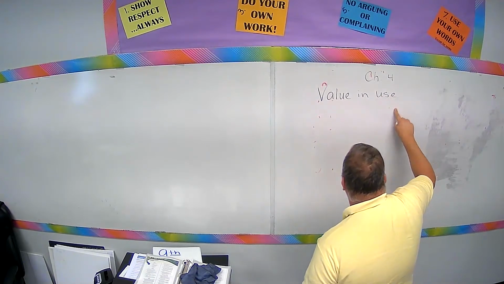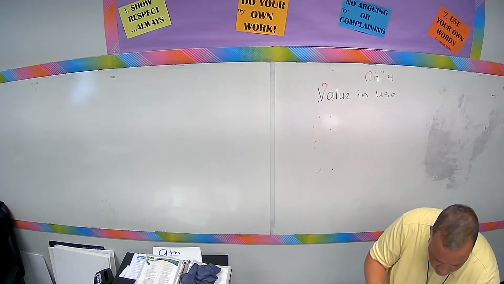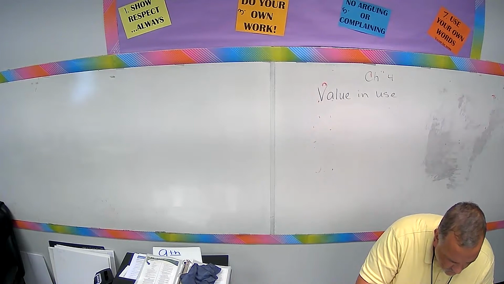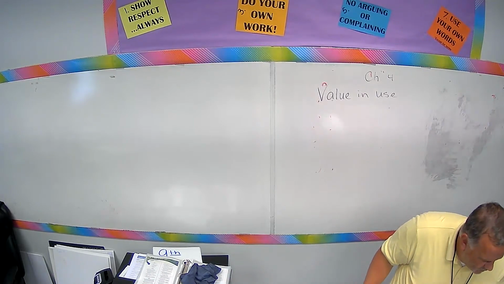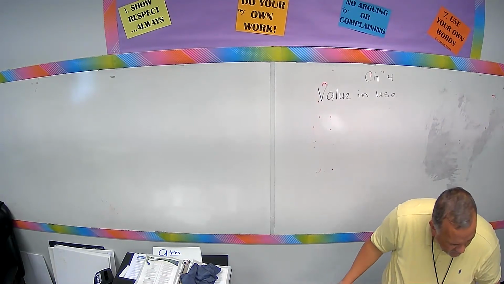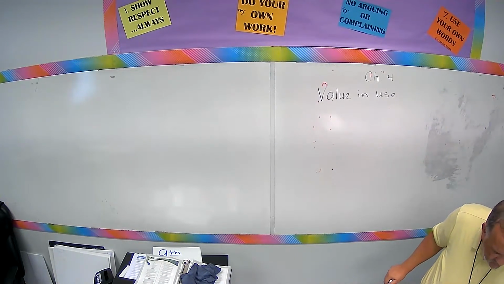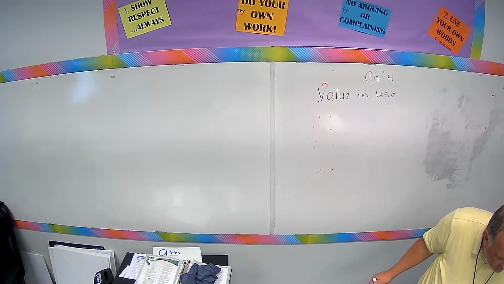And we'll look at some examples in just a moment. Okay, so value that is directly related to the benefits their owners receive through their use. And you can highlight it in your book, you can write it down.